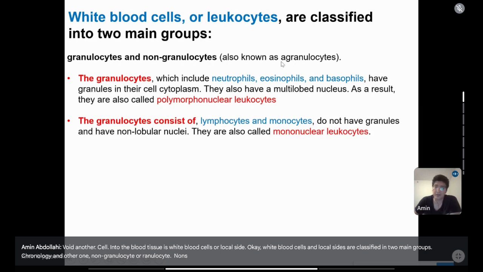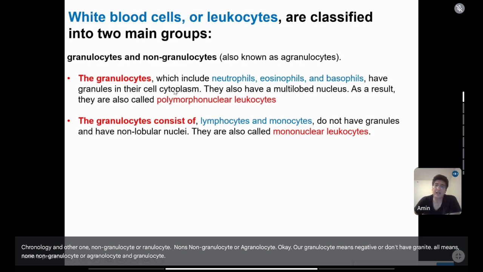Agranulocyte means negative or don't have granules. A means non-granulocyte or agranulocyte. And granulocyte.